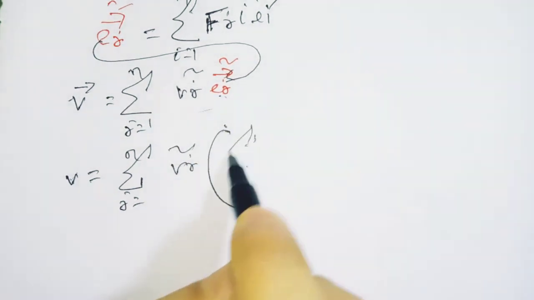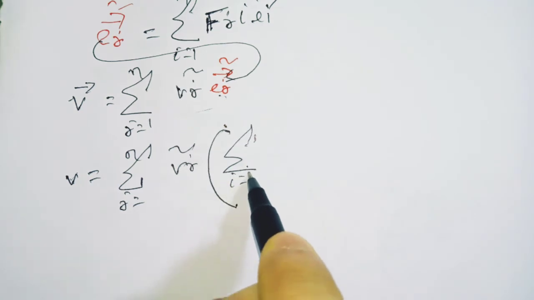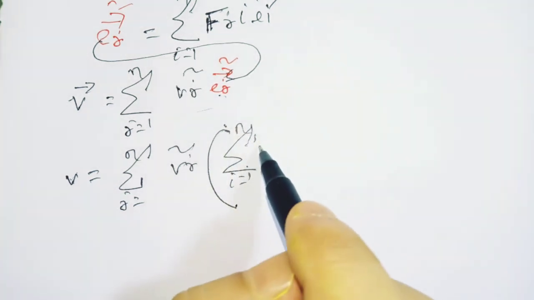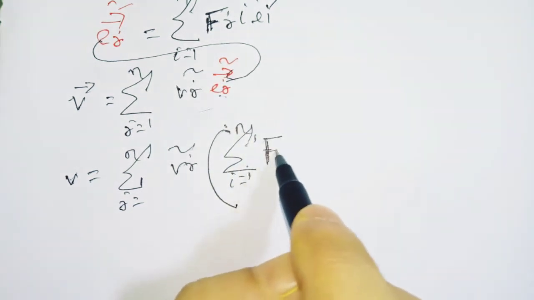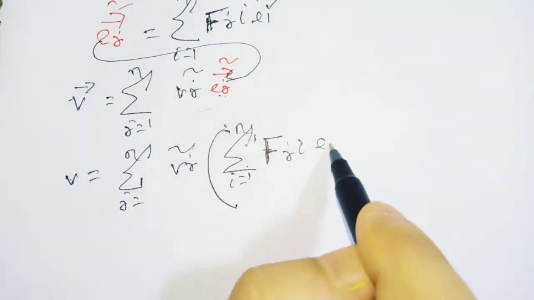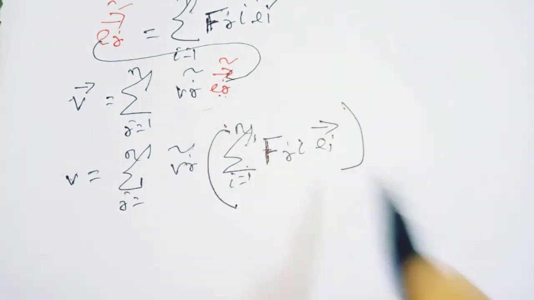This one is sigma i equals 1 to n f, this is a forward transformation, so f_ji e_i, right?